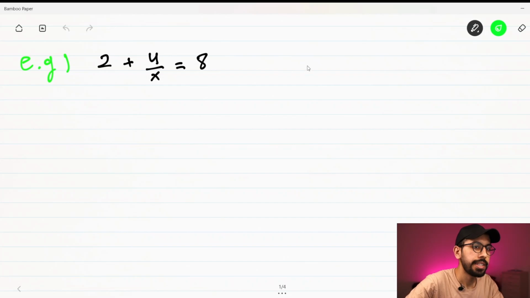The first example says we have 2 plus 4 over x equals 8. What can we do now? We have said that we need to put the variable on one side of the equation and the numbers on the other side. So we can multiply both sides by x, because this x is in the denominator.